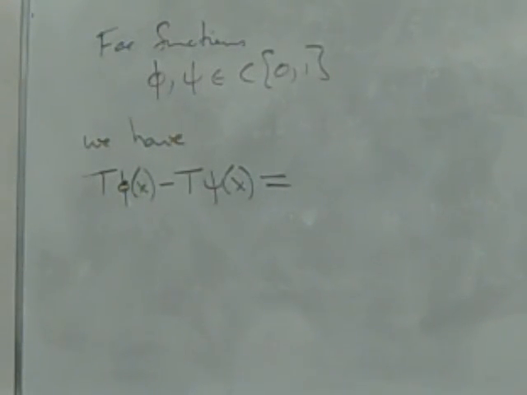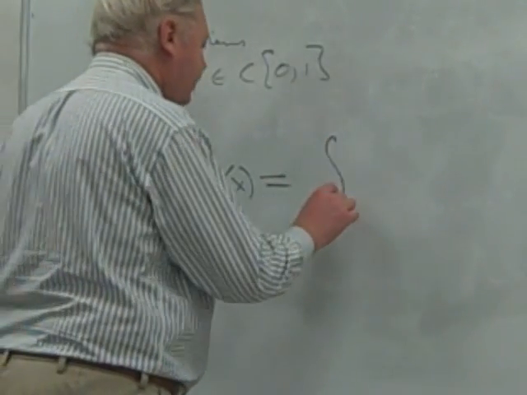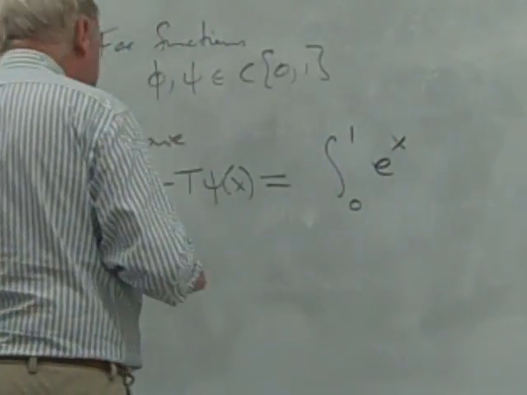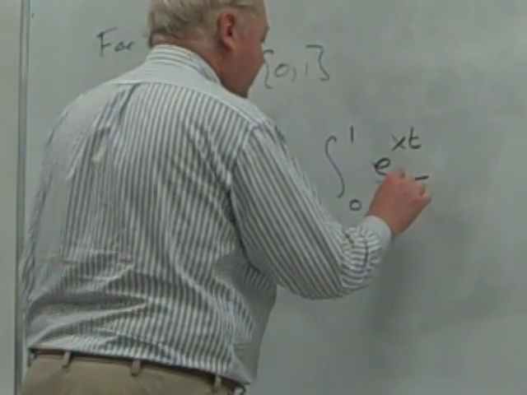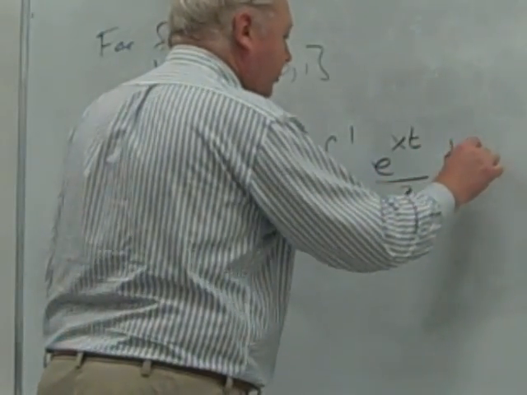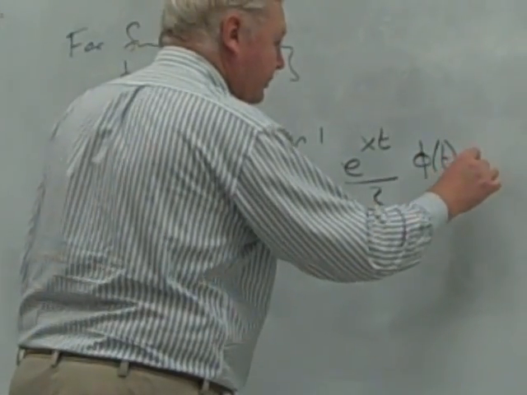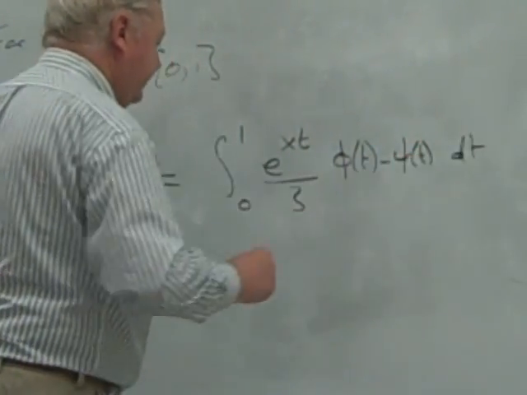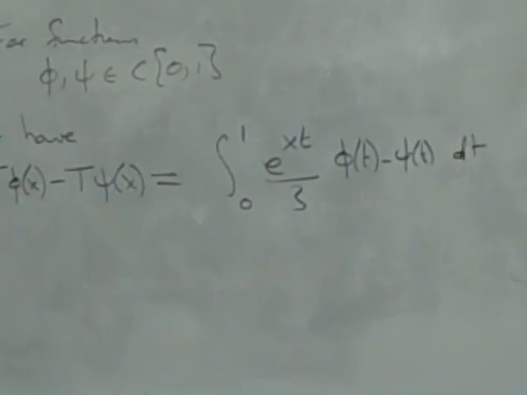Now the sin x terms will cancel, and we'll be left with the integral 0 to 1 e to the xt over 3 times phi of t minus psi of t, integrated dt.